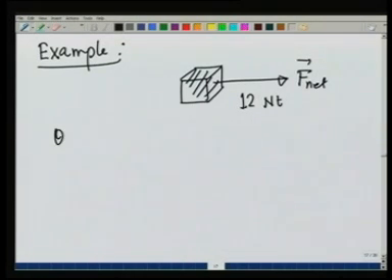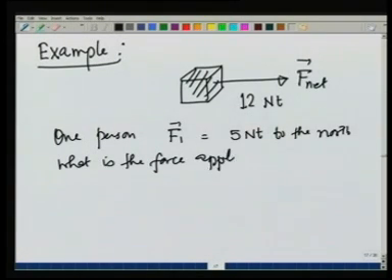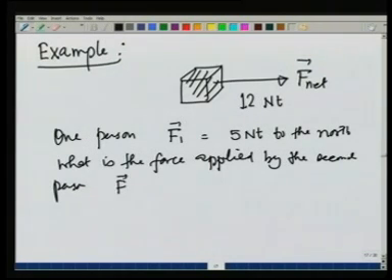One person applies a force F 1, which is 5 newtons to the north. We ask what is the force applied by the second person. Let it be F 2.